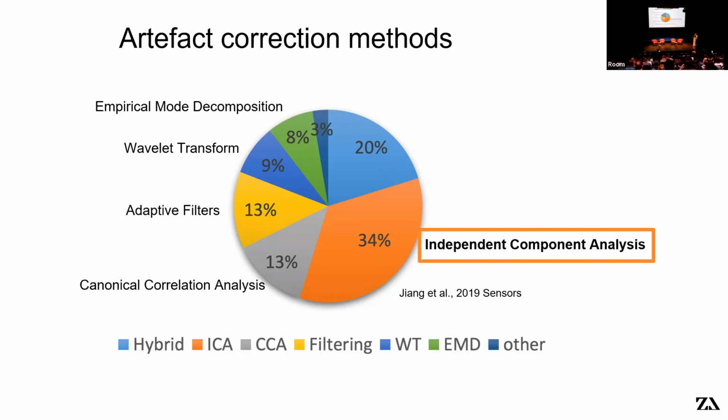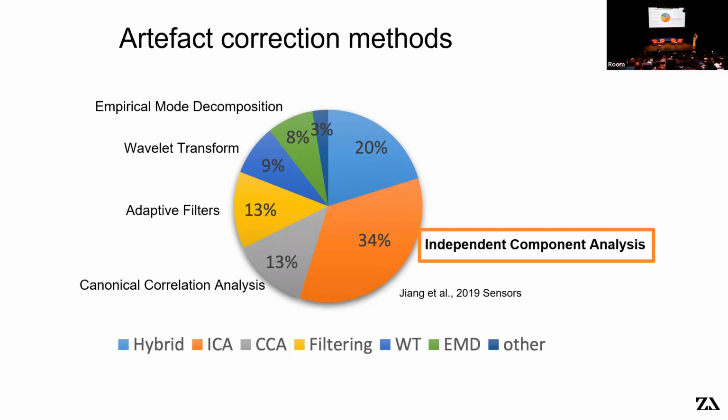One way of doing that is with independent component analysis. This is a systematic review that looked at which artifact rejection and correction methods people are using, and the most used method is ICA, at 34%. Then 20% are using hybrid methods, so ICA combined with something else.